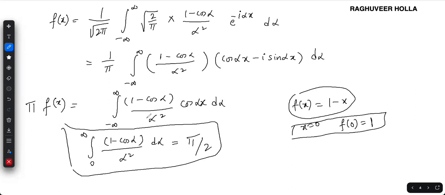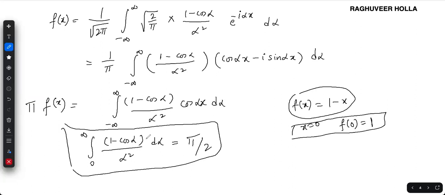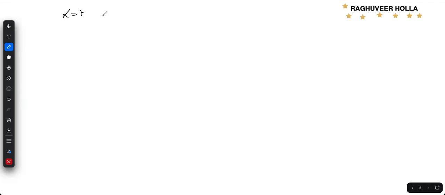Now further, if I consider alpha as t, let us put alpha as t in the previous one. So 0 to infinity, it is (1 minus cos t) by t square into dt.